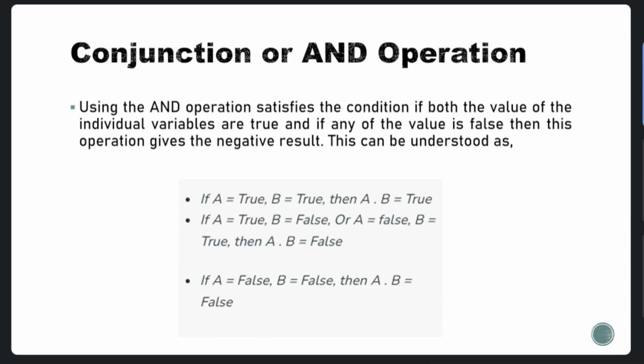So si NOT operation, siya po ay 0 to 1. Kapag NOT operation, siya po ay 1 to 0 or 0 to 1. So dito naman po sa AND operation, true equals true.